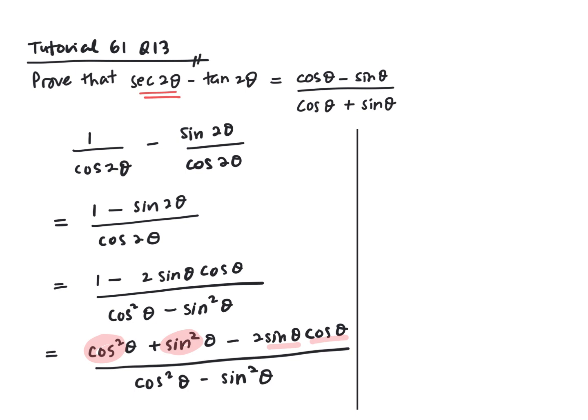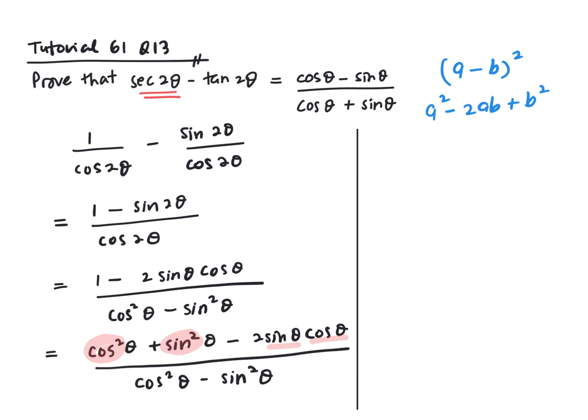For example, a minus b square should be a square minus ab minus ab, so minus 2ab plus b square. So you can see a square is cos square, b square is sin square, and minus 2ab is minus 2 sin theta cos theta.